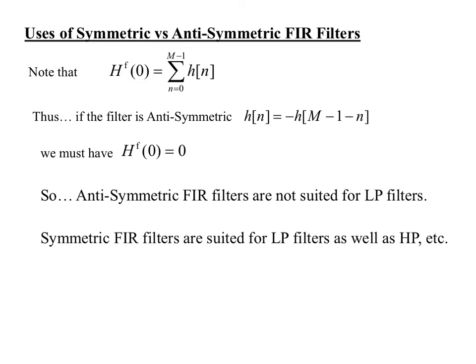So the last slide in this set of notes is just pointing out that when you're constraining yourself to using these symmetric filters, you may end up paying a price. If we have e to the j omega and we set omega equal to 0, we have e to the minus j0, and that goes to 1.